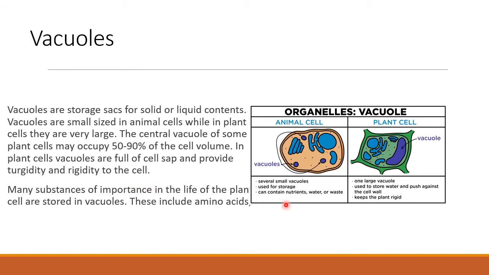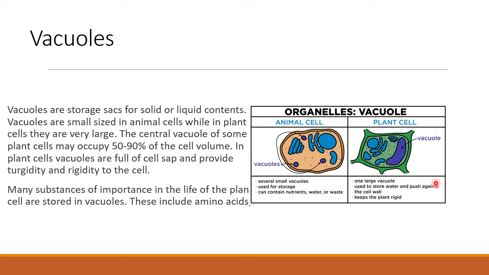Now, unlike animal cells, plant cells don't have an excretory system. So in that case, they need to store the unwanted waste products somewhere. So when wastes are produced, they are stored temporarily or permanently in the body, and that is in the vacuole.